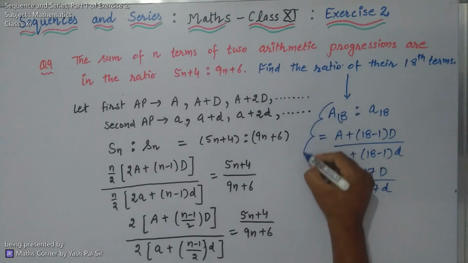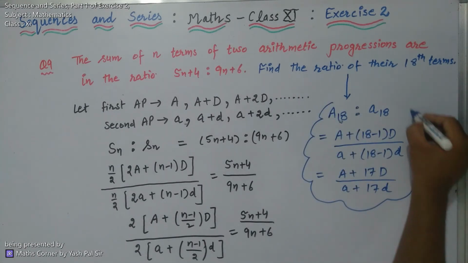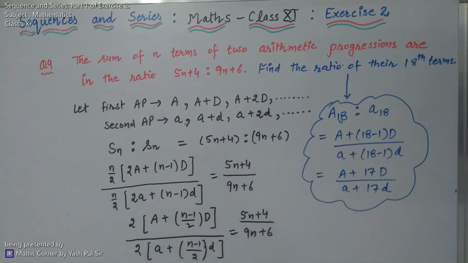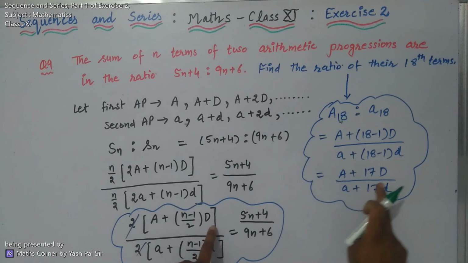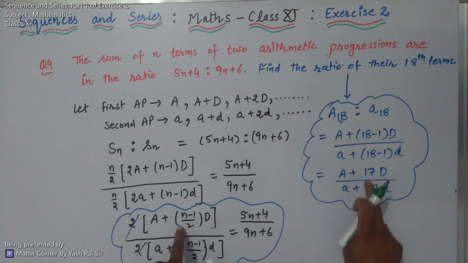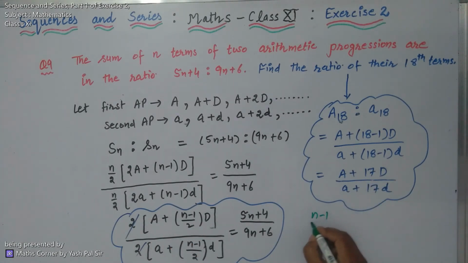So if we compare this and this, what is the comparison? Everything is the same, A is same, D is same, just n minus 1 upon 2 should be equal to 17, right? So this way we can say n minus 1 is equal to 34.